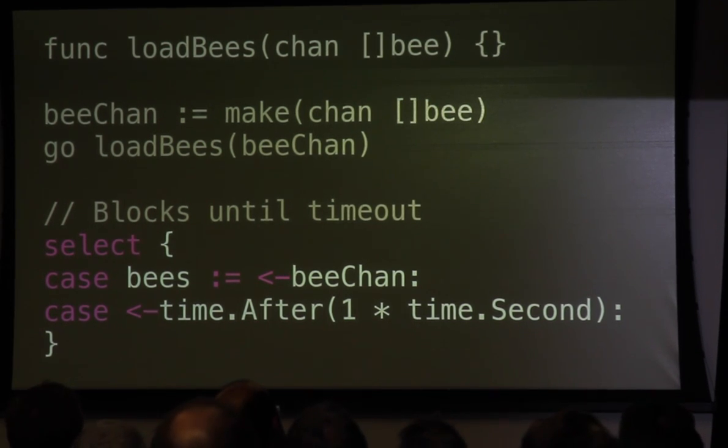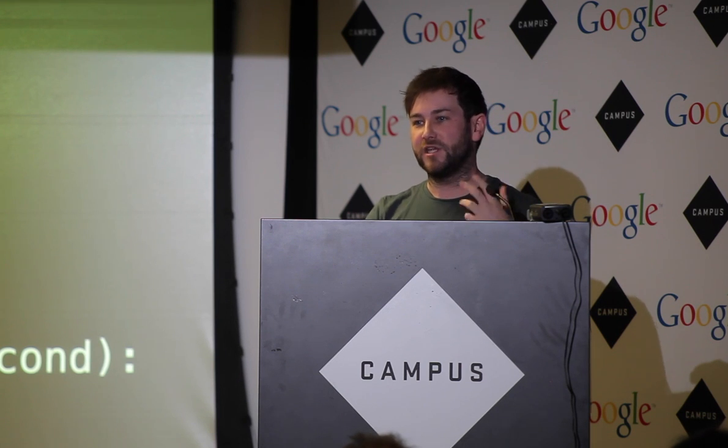There are a few methods in the time package that do this, tickers notably, but time.After will give us a channel back, and then after that period of time it will fire something down the channel. So we can very easily, with a couple of lines of code, time out this method and then respond back to the client with some kind of nicer error or potentially a fallback.